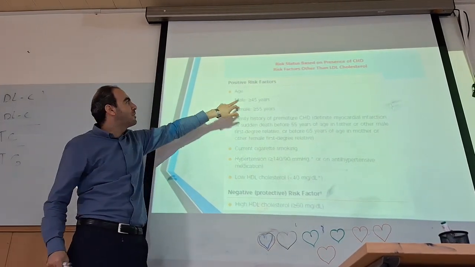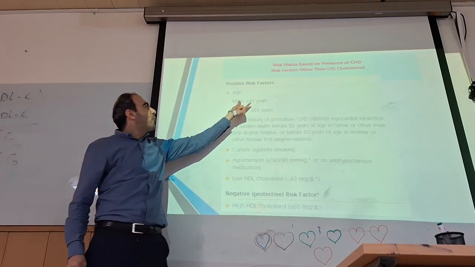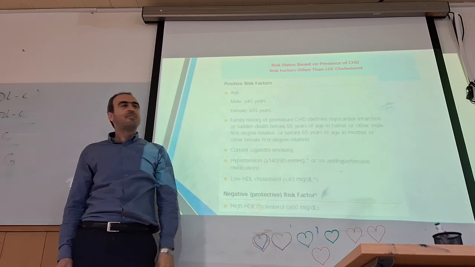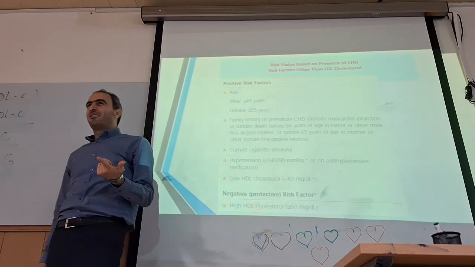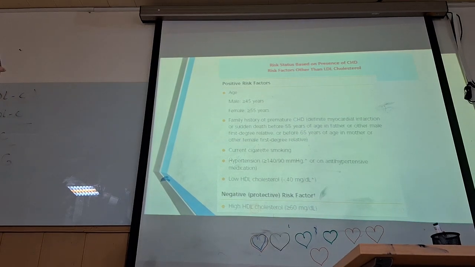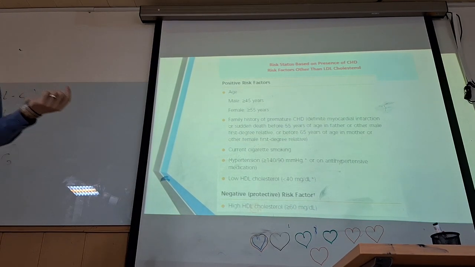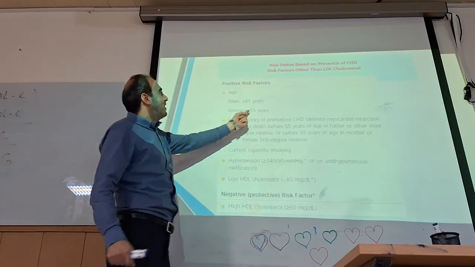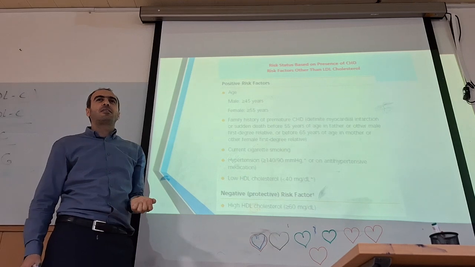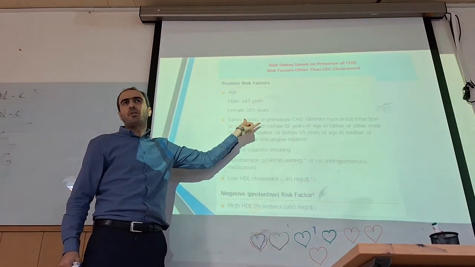In addition, age: for male more than 45, for female more than 55. Females always live longer than that, and for this reason the risk starts about 10 years after men. Family history is so important.